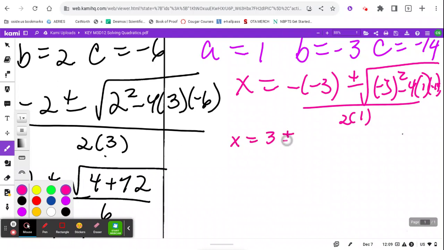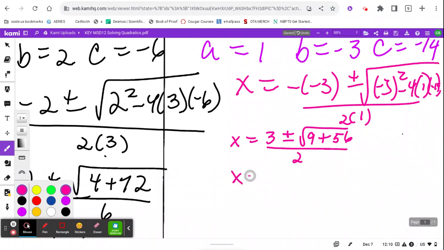Negative negative 3 becomes positive 3. Square root of 9. Okay, what was that at the back? Negative 14. So negative 4 times negative 14 is 56.